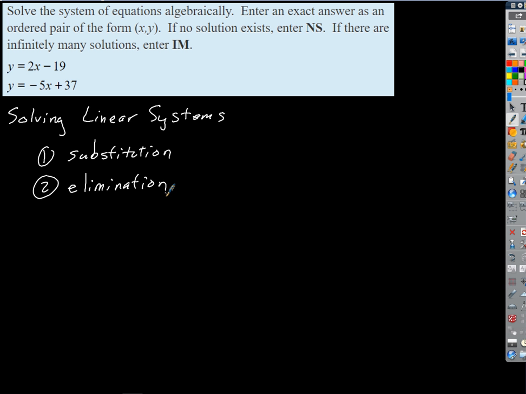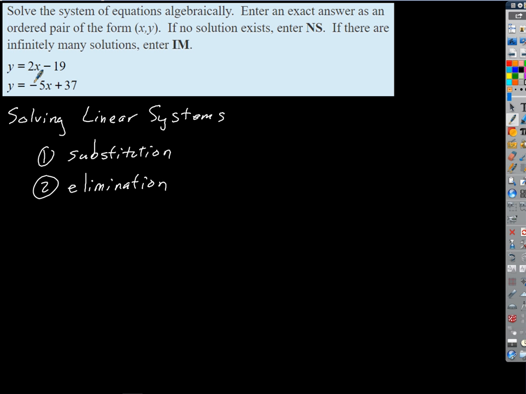When it's easy to use substitution is if a variable is isolated or it's easy to isolate a variable. So in this case here, are there any variables that are isolated by themselves? The y's are, right. The y's are, aren't they? So this is tailor-made for doing a substitution because I've got y equals 2x minus 19, and I've got that y already isolated.